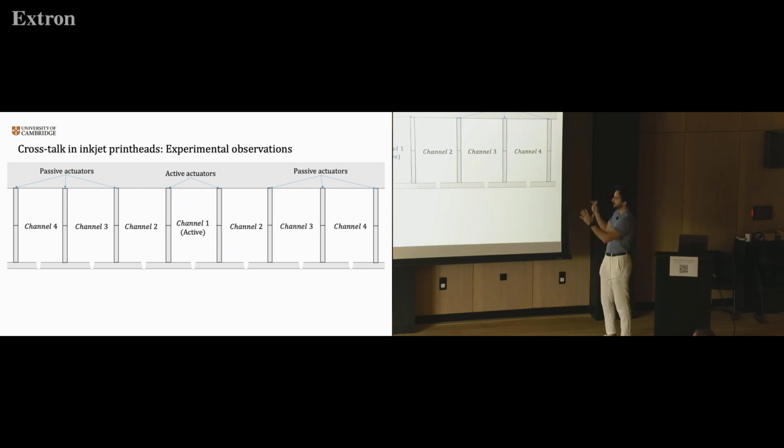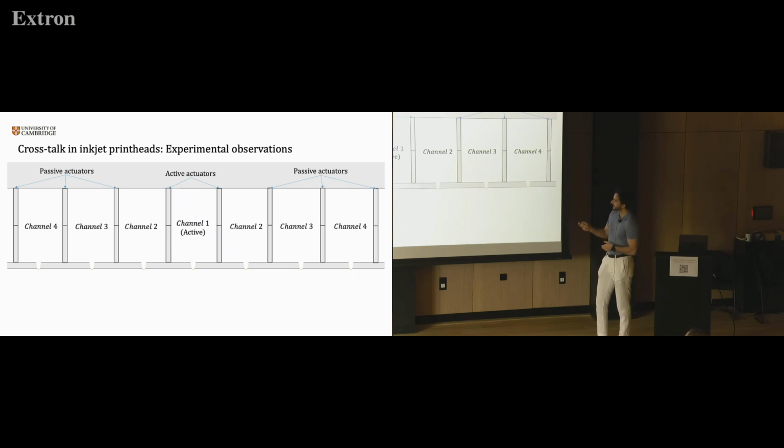So this is a slide of the printhead, and actually it's formed by many channels that are separated by these thin walls that are compliant, okay? So these walls also act as the actuators.